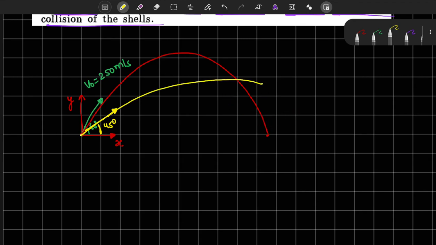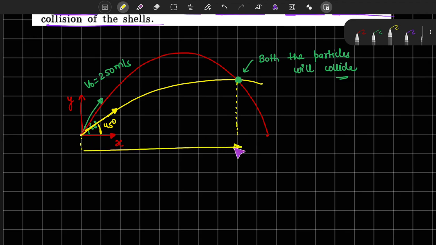Let us say both particles will collide at this particular point. Now if we see here, the horizontal distance as well as the vertical distance from where they were fired are the same for these two particles.